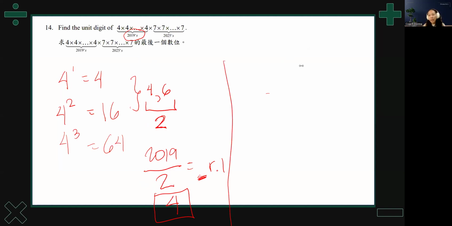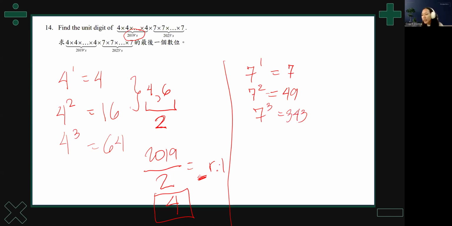We still need to multiply it by 7, so let's get the pattern for 7. 7 raised to 1 is 7. 7 raised to 2 is 49. 7 raised to 3 is 343.